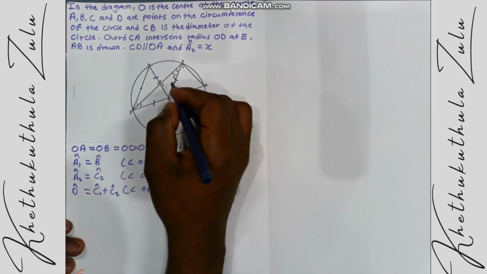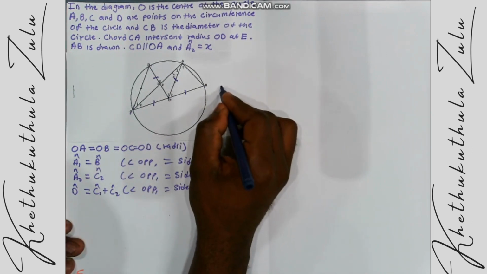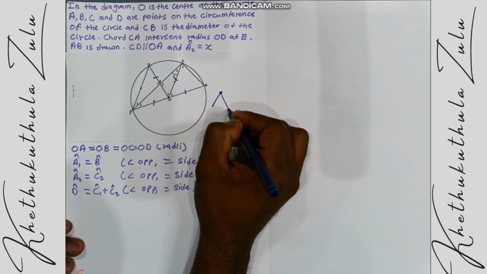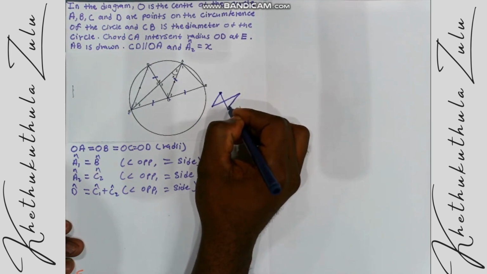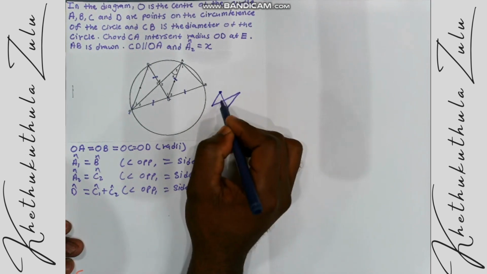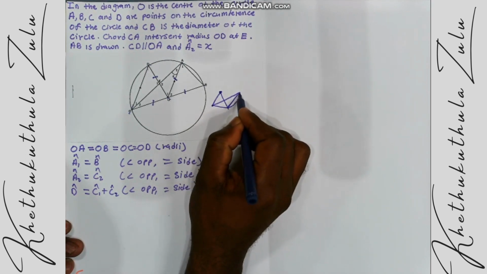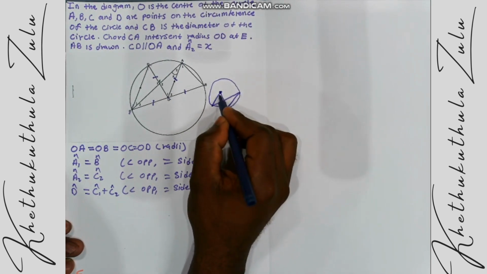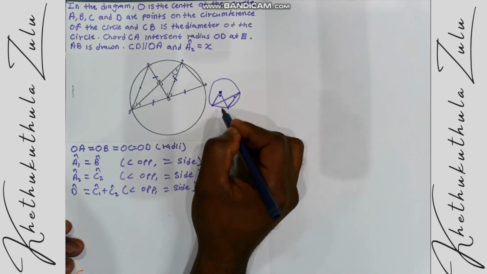And again, there is this shape of being always a center. This angle here is equal to this angle twice.